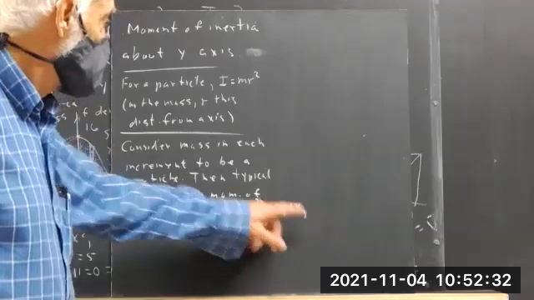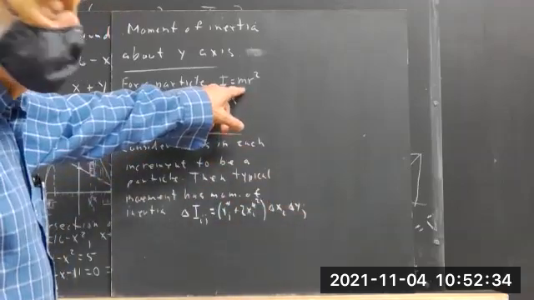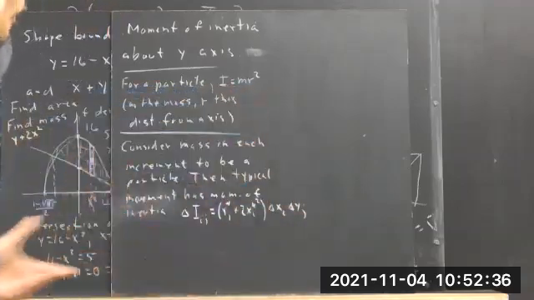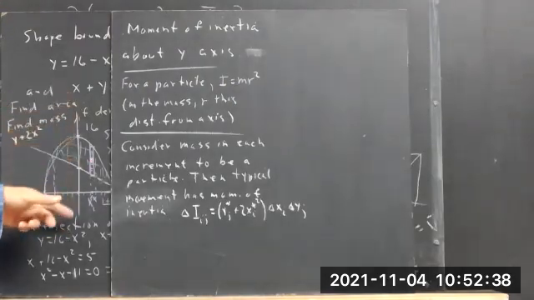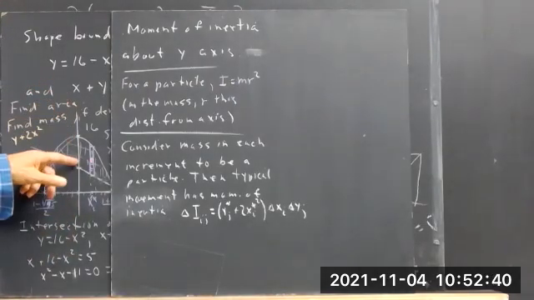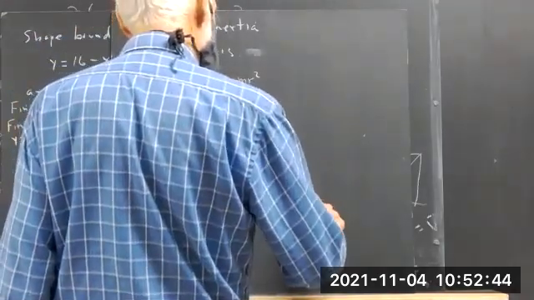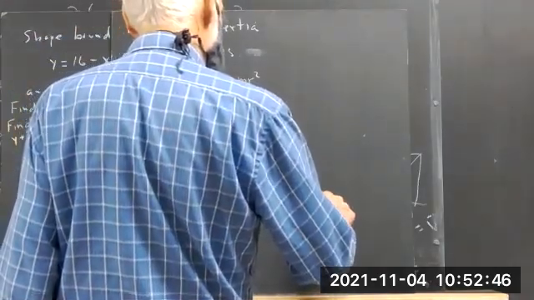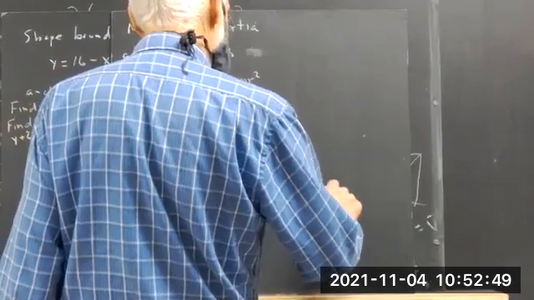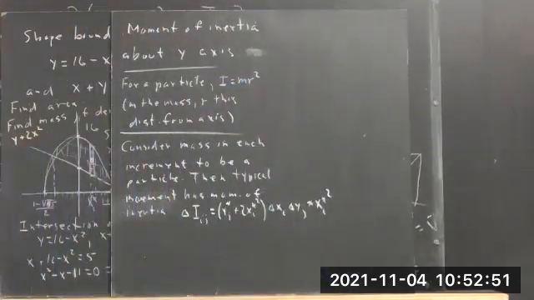That's your m, and your r is your distance from the axis of rotation, which is the y-axis in this case, and that's going to be xi star squared.